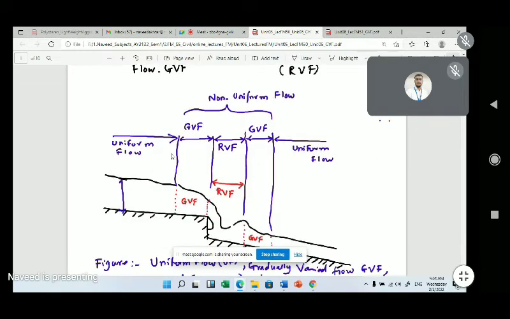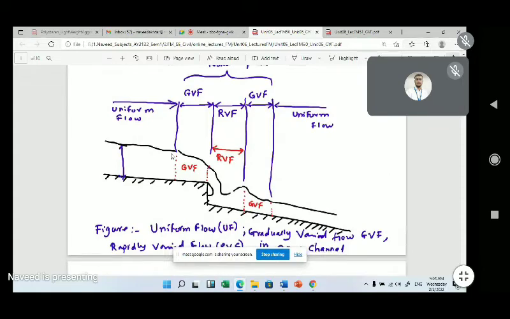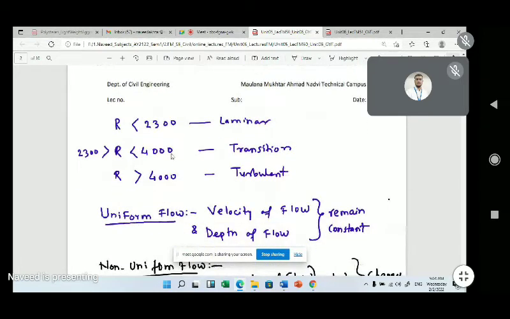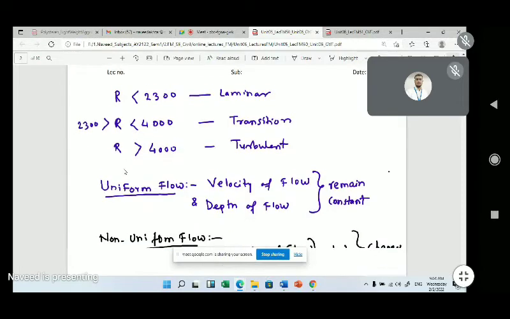We have seen the figure also, showing the locations of uniform flow, gradually varied flow, and rapidly varied flow in the open channel. Okay, and then we have discussed many times the laminar, transition and turbulent flow based on the Reynolds number.